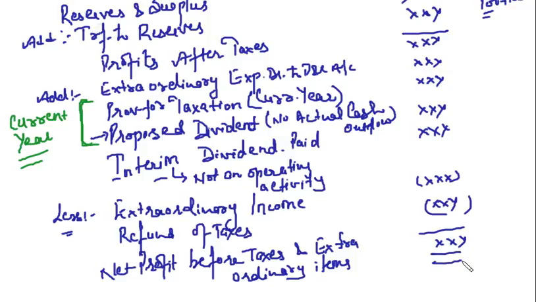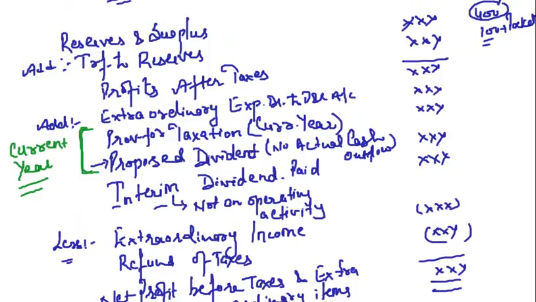So this is how you deal with it if you are given the balance of reserves and surplus. Right? This is reserves and surplus. We will add back any transfer to reserves because reserves are nothing but the part of profits only that we have kept aside for future.